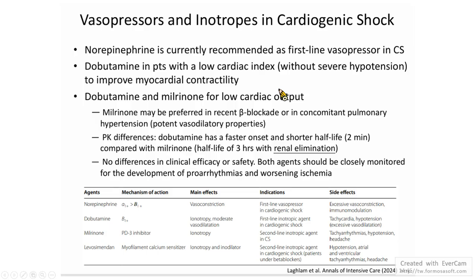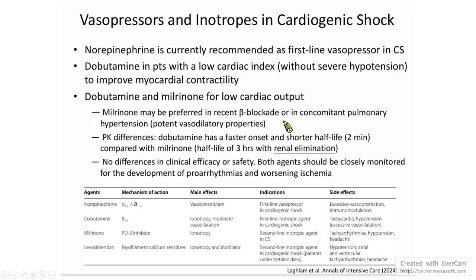And then consider dobutamine and milrinone for low cardiac output. Milrinone, as we mentioned, may be preferred in those with beta blockade or concomitant pulmonary hypertension due to its quite potent vasodilatory properties in the lung.